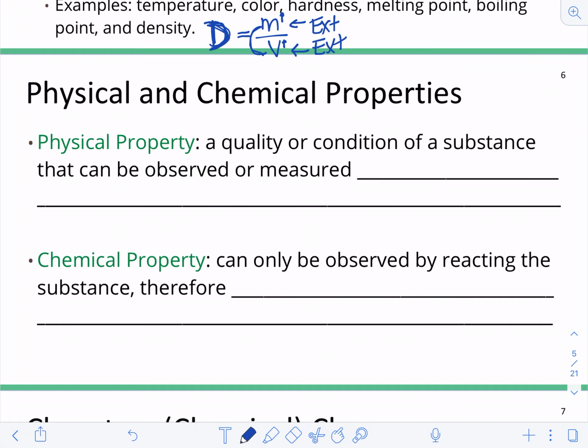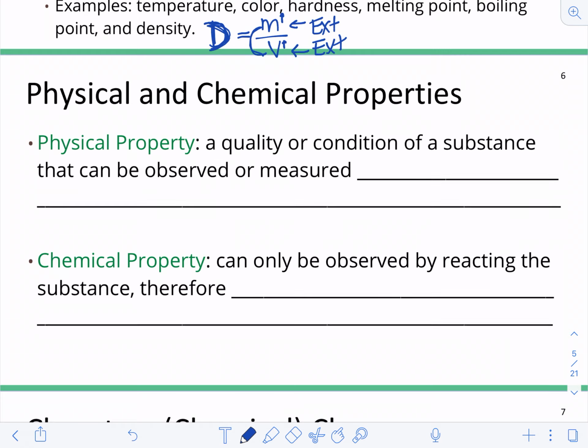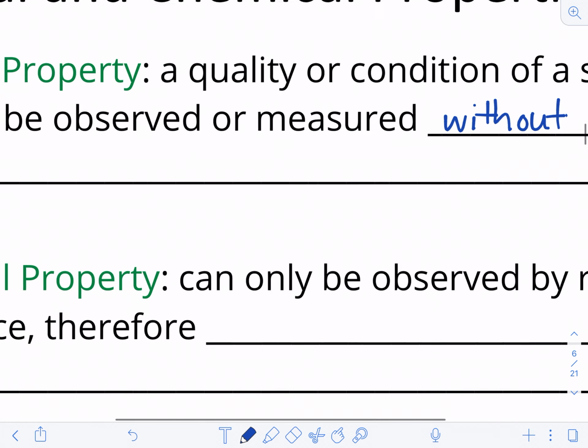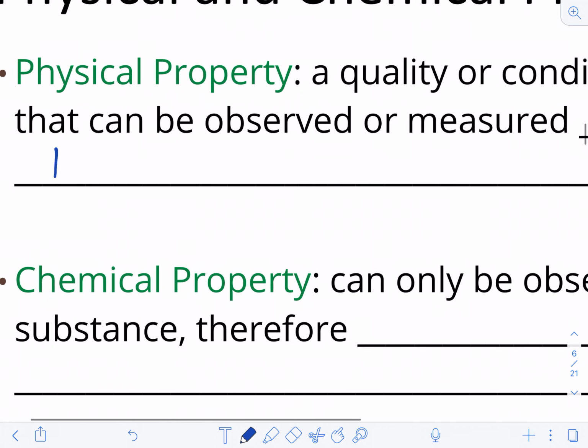Physical properties are qualities or conditions of a substance that can be observed or measured without changing the composition of the substance.